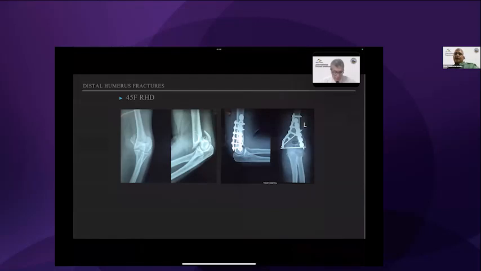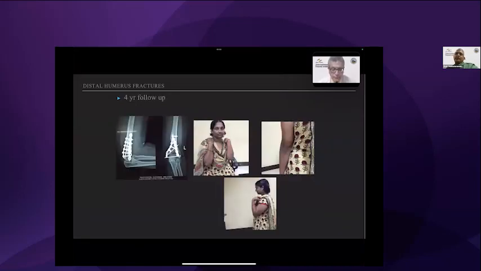So, another bad case done by triceps sparing approach. And here I have used additional K-wire support for the bone, with reconstruction plates, both posterolateral and medial. Even after 4 years, follow-up is very good. The plates are still holding well, with good union.